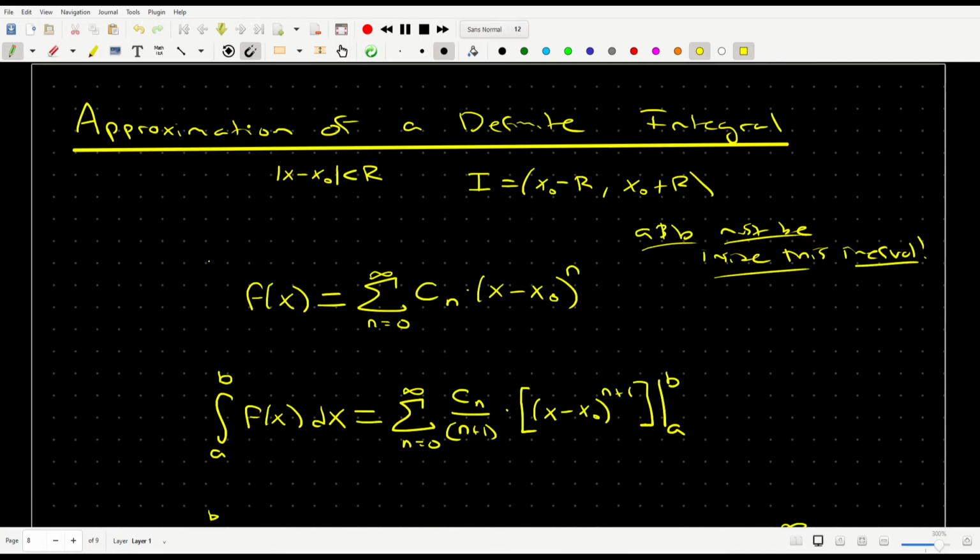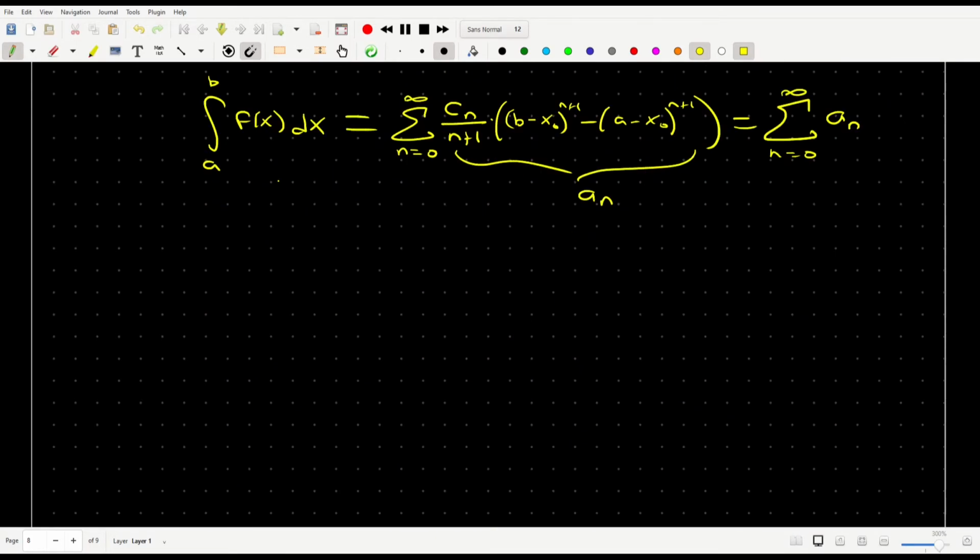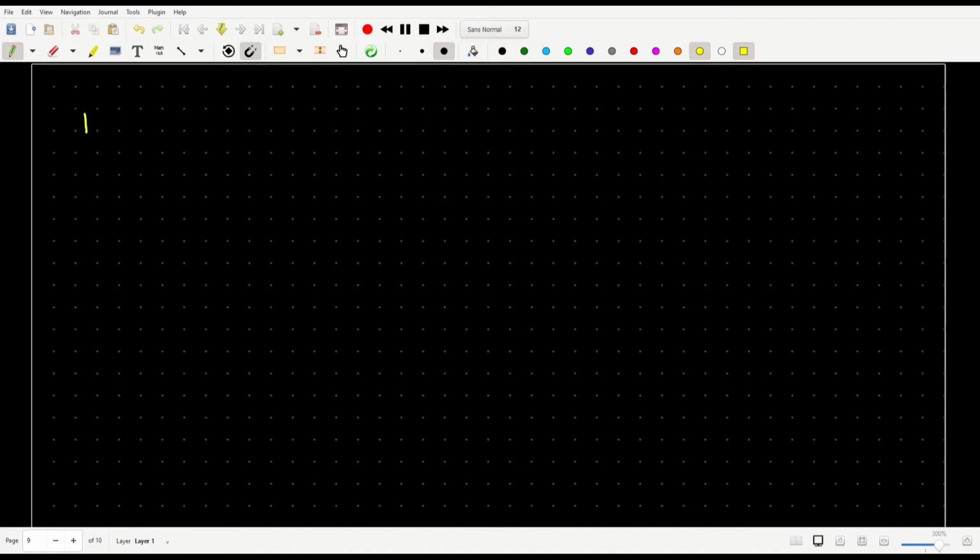So this is a super neat application, and what I want to do is illustrate how important this is with an example from probability theory. This is called the standard normal distribution.